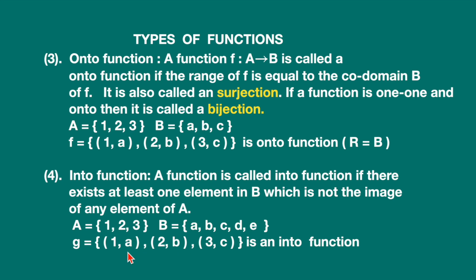That means the range of this g, {a, b, c}, is not equal to the codomain B. All this will become very clear when we do problem sums. Don't worry, these are just the definitions of these 4 different kinds of functions.